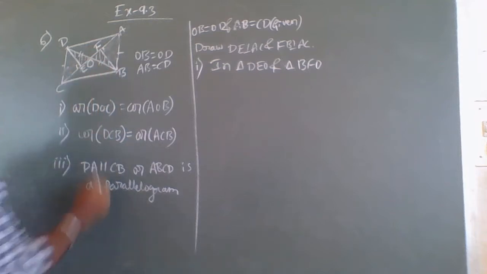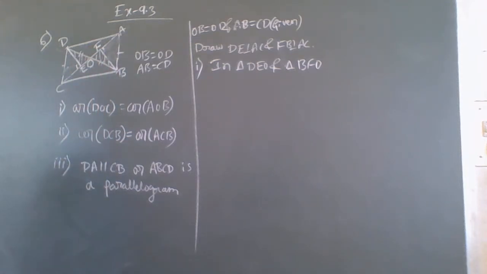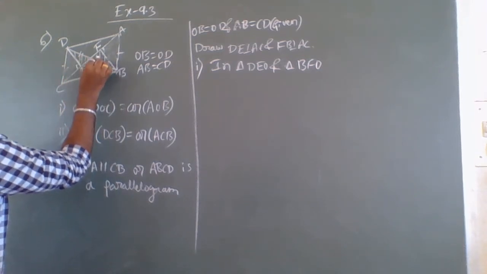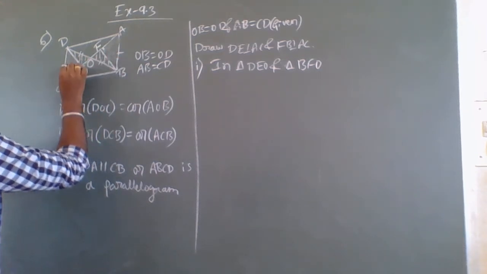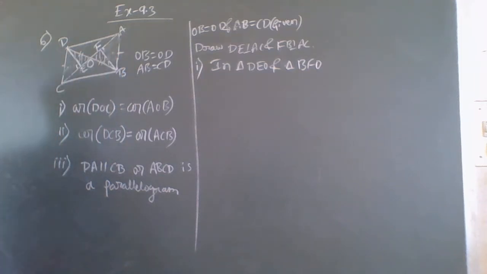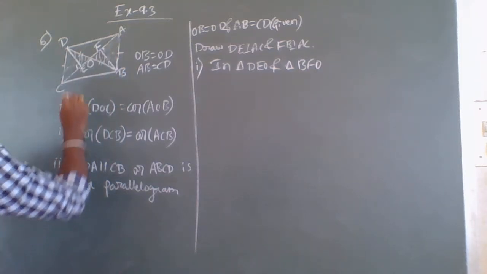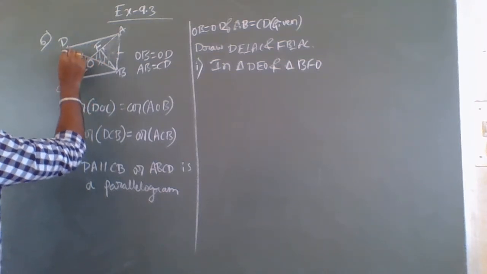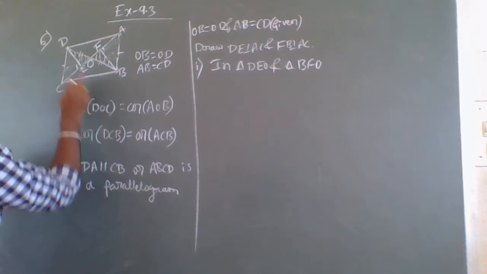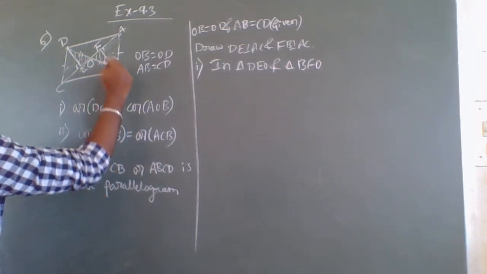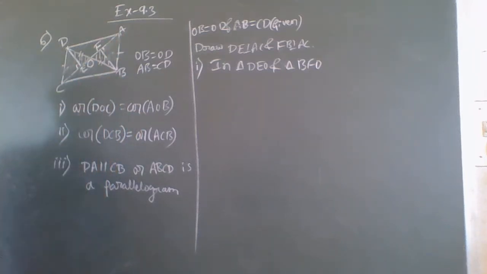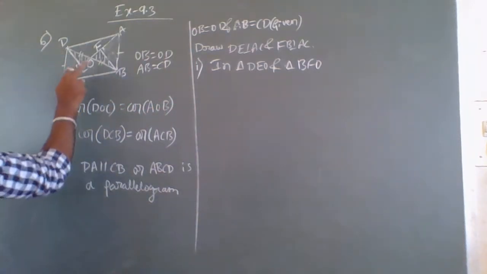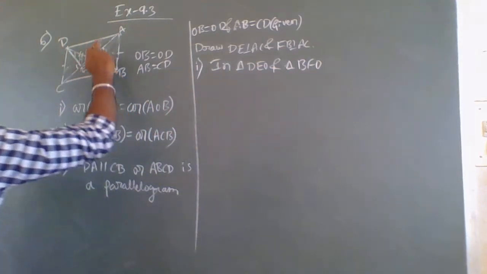So if they are congruent, then they are equal in area. First we prove the first pair equal in area, next we prove the second pair equal in area. When you add these two equations, you will get area of DOC equals area of AOB.